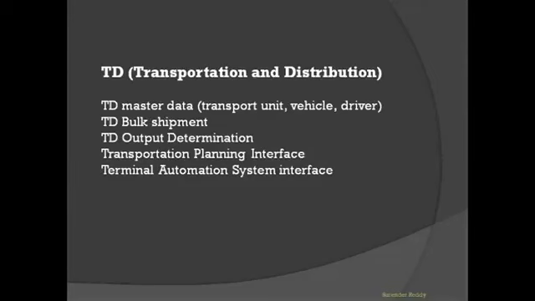TD serves 3 basic needs in the oil and gas industry. One is transportation of the material after sales. We need to transport the material from our plant to the customer. The second is inter plant transfer, plant to plant transfer.